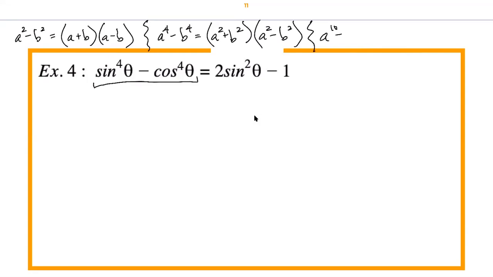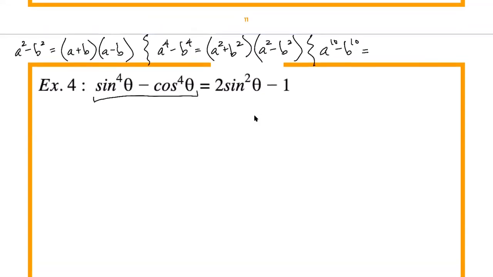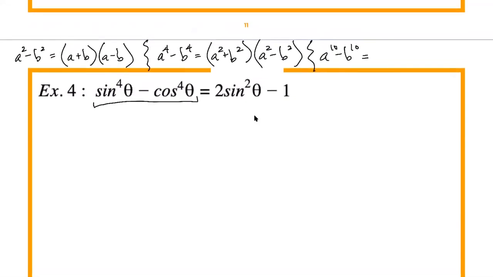What does this factor into? Would it be sine squared theta plus cosine squared theta times sine squared theta minus cosine squared theta?